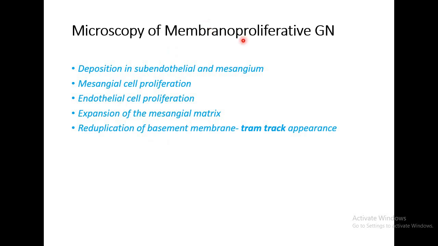So the microscopy of it is important. There is mesangial and endothelial proliferation and expansion of the mesangial matrix, and there is reduplication of the basement membrane, that is leading to the tram track appearance.